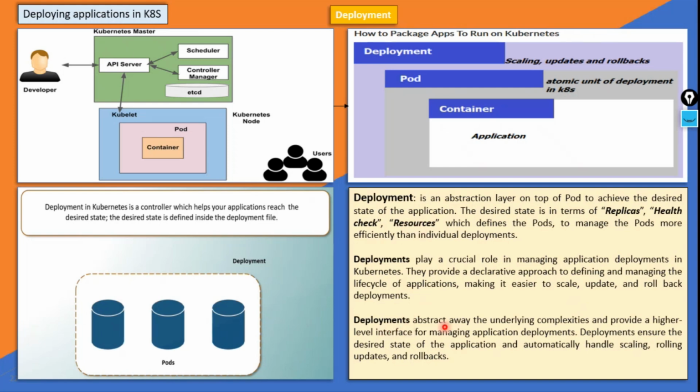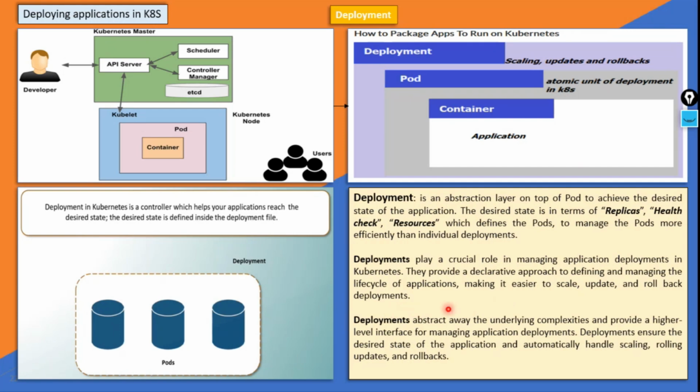So deployments abstract away the underlying complexities. Why do you do a deployment? Because this mechanism, this architecture is very complicated. I do not want to go into any complexities. I want to abstract away and make my things very simple. I use deployment manifest file. I desire something in my very simple way.